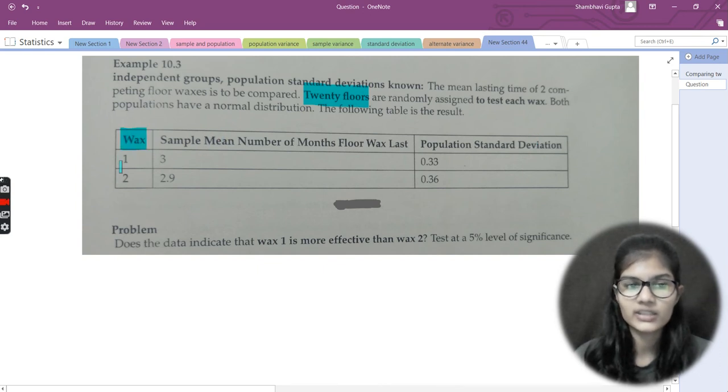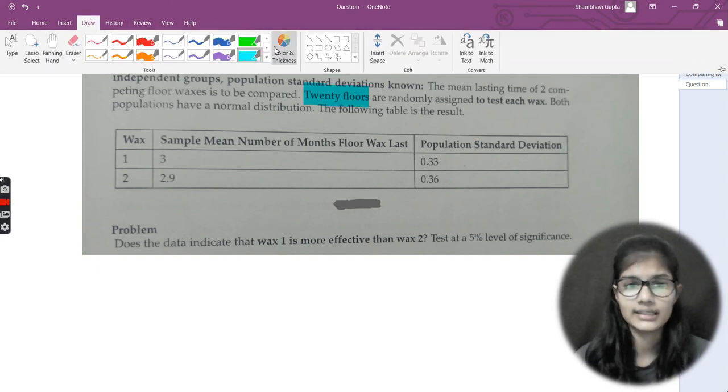This is the main table showing wax 1 and 2. The sample mean is the number of months the floor wax lasts: for wax 1 it is 3 and for wax 2 it is 2.9. The population standard deviation for wax 1 is 0.33 and for wax 2 is 0.36.